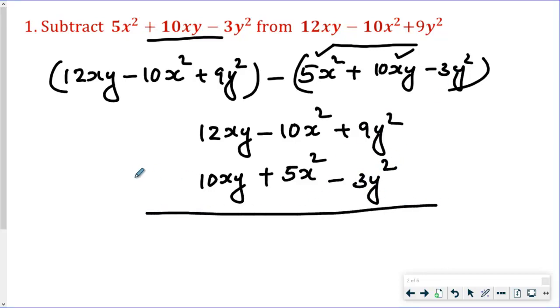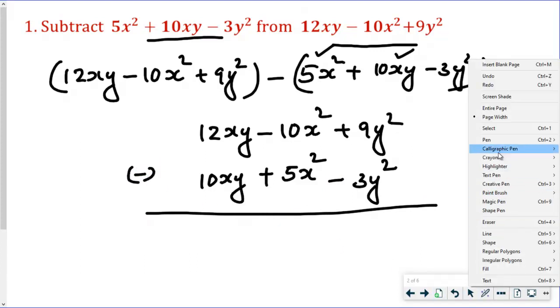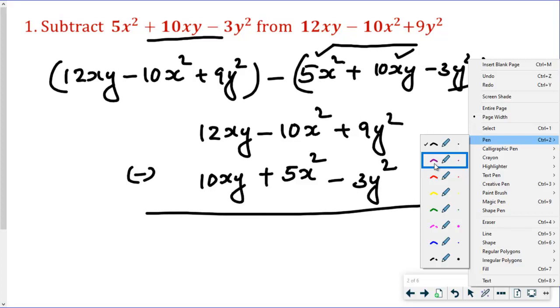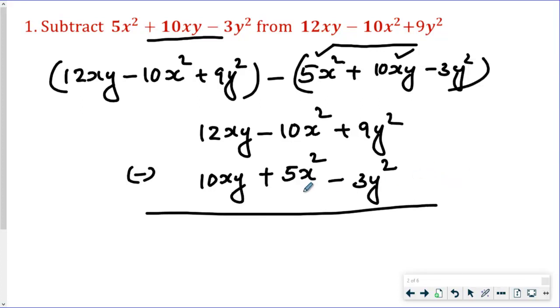Now we have to do the subtraction. In the case of polynomial, if you want to subtract, first you have to interchange the symbol of every term in the second polynomial. That is, in the second polynomial, first term is 10xy. Here 10xy is positive, so now you have to change to negative.